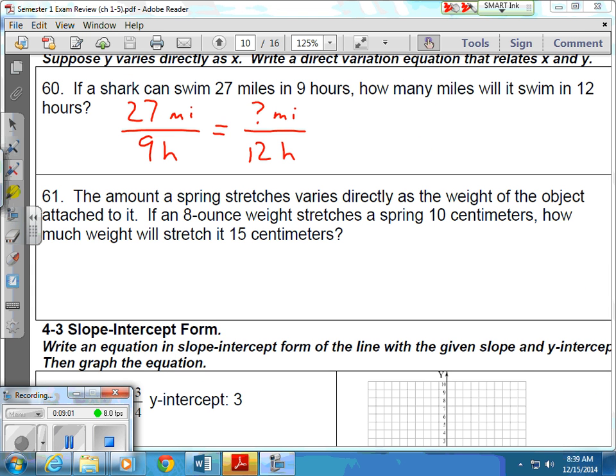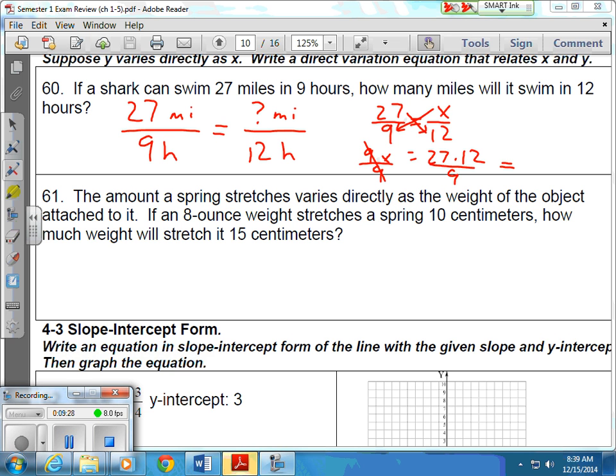So if you got 27 miles in 9 hours, how far could you go in 12 hours? So you set up the proportion, 27 over 9 equals x over 12. 27 times 12 is going to be equal to 9x, and then you'll divide by 9.